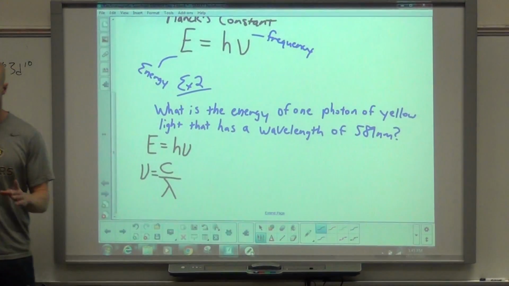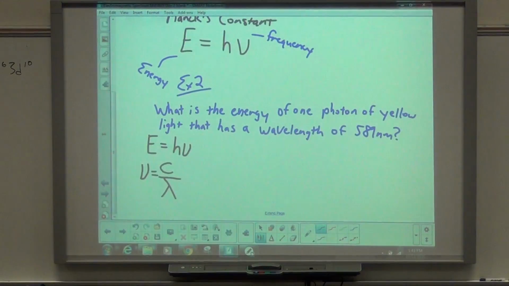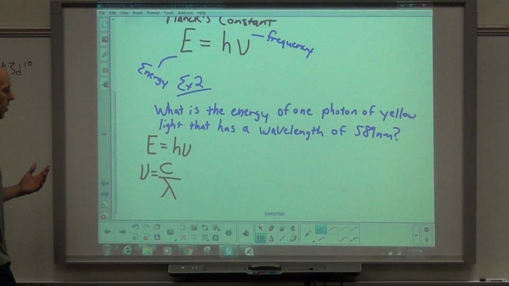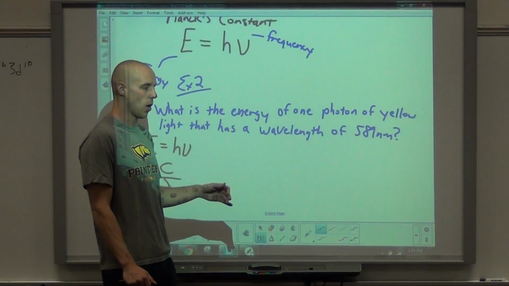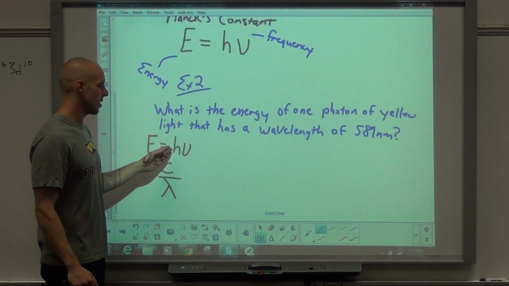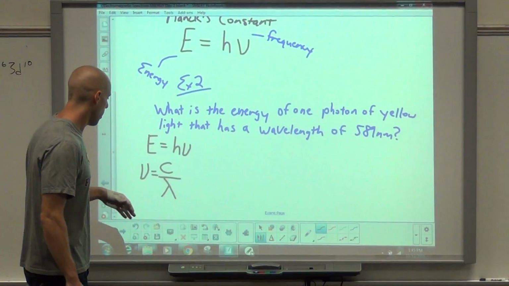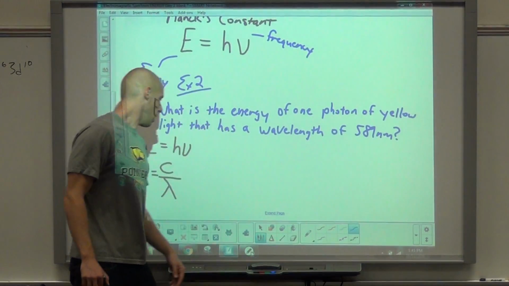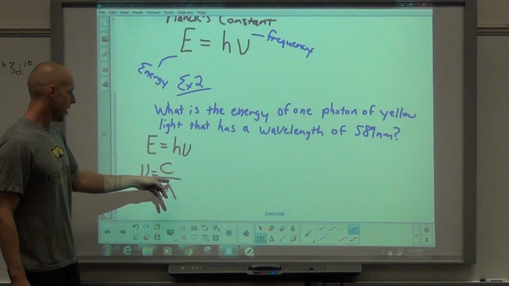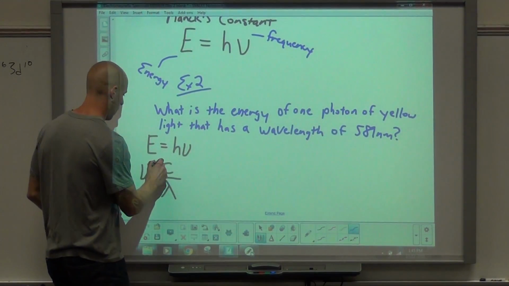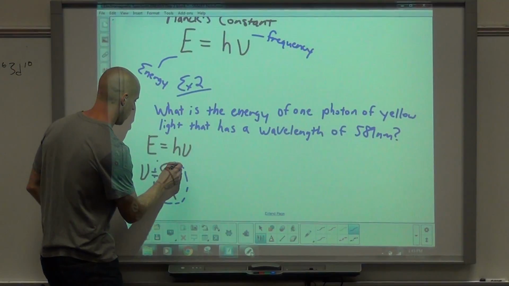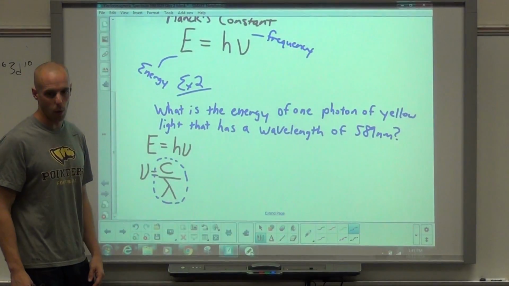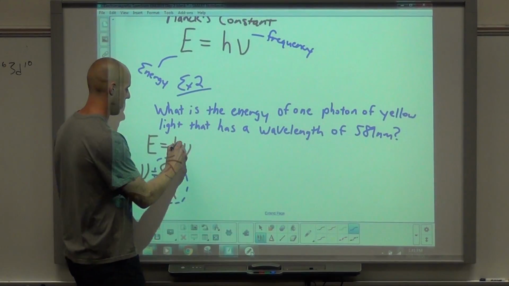And I'm trying to help you out because there's going to be ones like this that you have to do in your homework. So I'm showing you how to derive this other equation that you're going to use to solve for energy too. So one, you have energy equals Planck's constant times frequency. Now, if frequency equals this and frequency is right here, we can substitute this in for our frequency. Does that make sense, everyone?